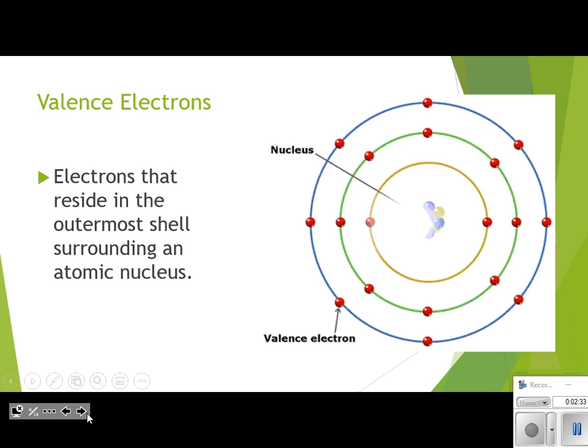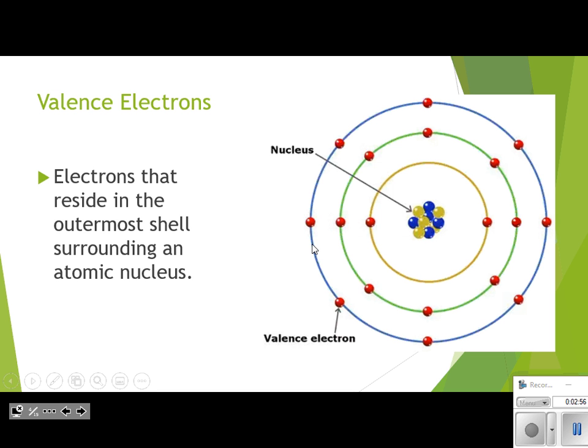As I'm looking at this two-dimensional drawing, I have the nucleus right here. I have blue and yellow, which means protons and neutrons, and red spheres on the outside. Here's the first energy level, the green one's the second energy level, and the blue one's the third.